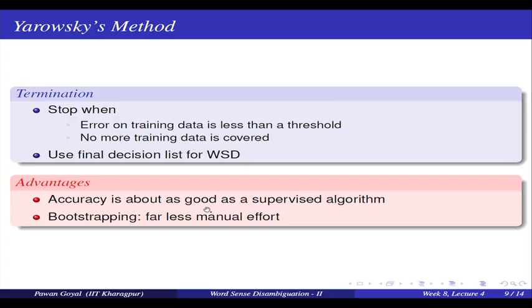Accuracy also turns out to be quite good, but what may be one problem with this approach? One problem might be that the whole accuracy that you get depends on how good your initial seed set is.